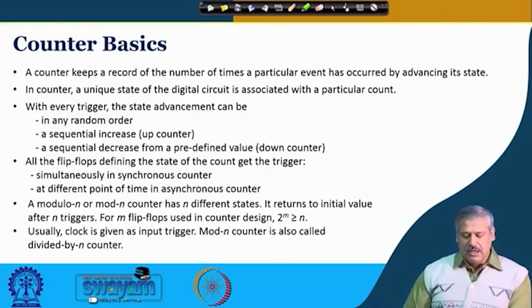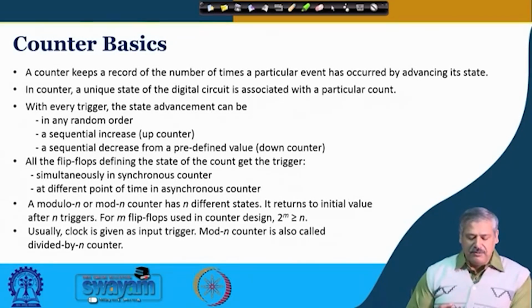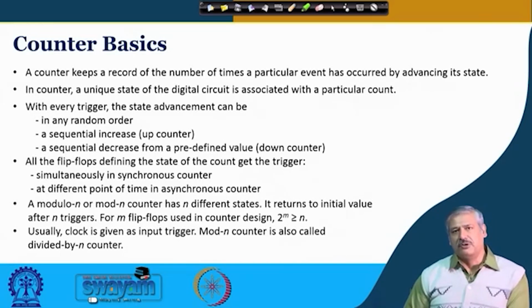Usually in most of the applications we will discuss, clock is given as the input trigger, but it could be some other signal also. And a mod n counter is also called a divide by n counter. We shall soon see that the output of the counter will effectively have the rate of change of the original signal, that is the clock or the input trigger, divided by the modulo number.